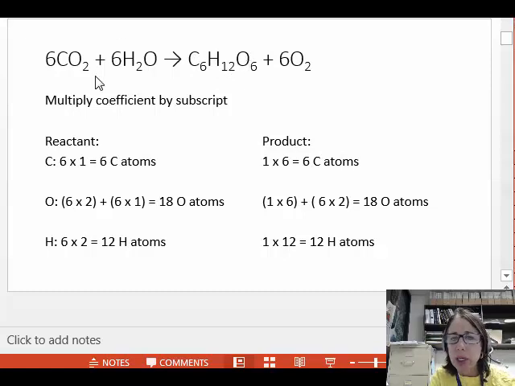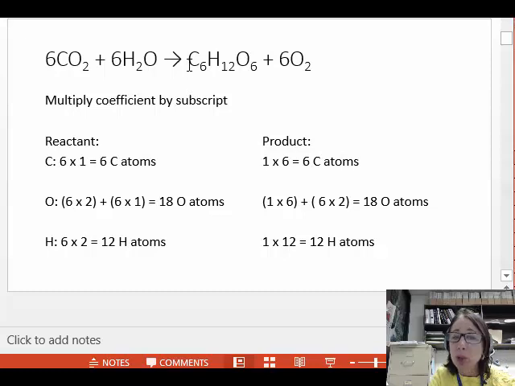Next, let's look at oxygen. Oxygen is in every single chemical in this equation. On the reactant side, we multiply the coefficient of carbon dioxide of 6 by the subscript of 2 for the oxygen, which is 12, and we add the oxygen from water, which is the coefficient of 6 multiplied by the subscript of 1 for a total of 6. 12 plus 6 is 18 oxygen atoms on the reactant side.